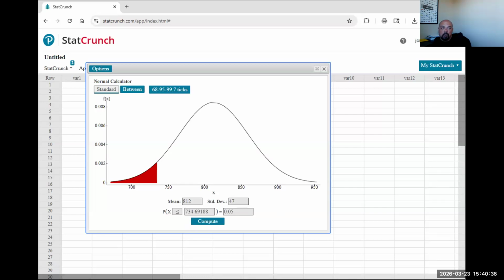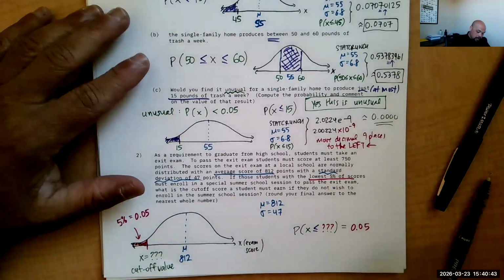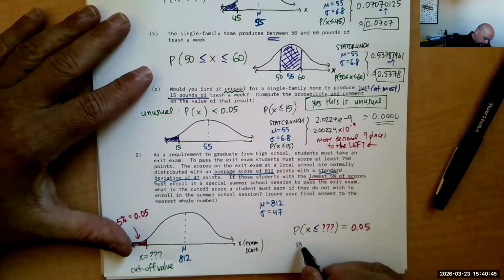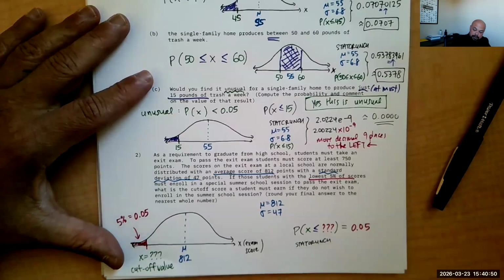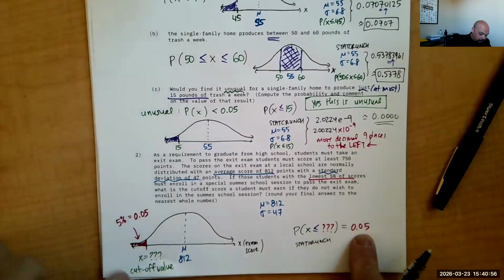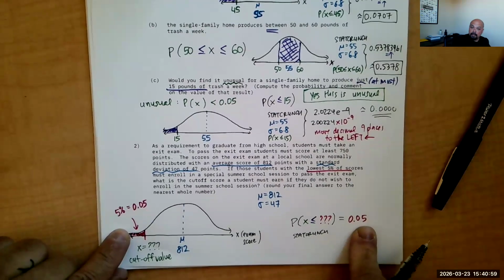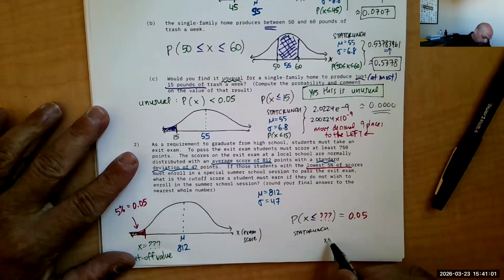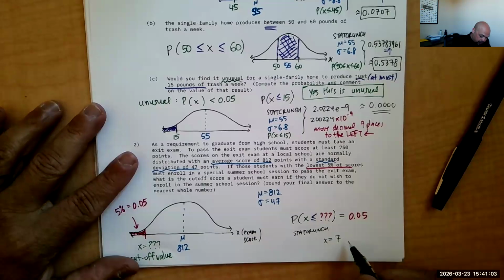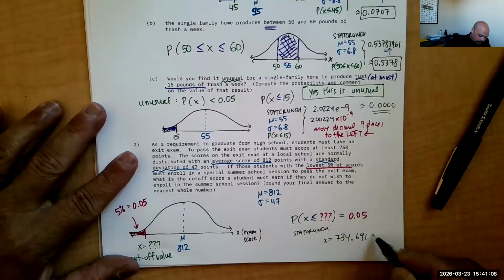All right, so let me go back to our paper. And now here on StatCrunch, given this area of 0.05 at 5%, our X value is 734.69188.